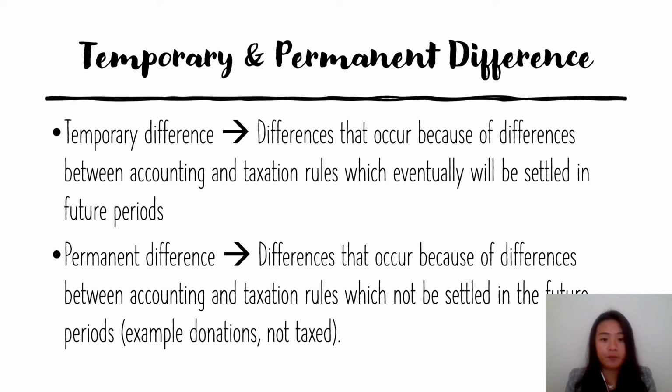For example, donations. If a company makes a donation, it will record it as an expense in the company's financial statements. Meanwhile, from a taxation point of view, donations are not deductible expenses and will not be deducted from any taxable income, whether in the current period or in future periods. So these differences definitely won't be settled in a future period.